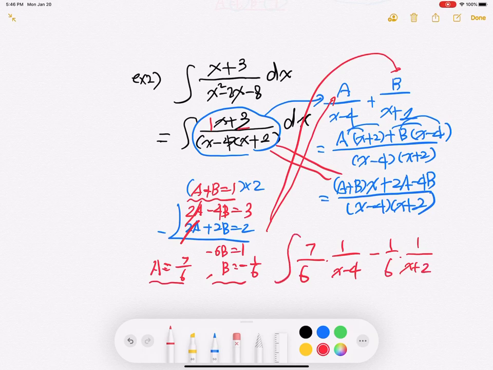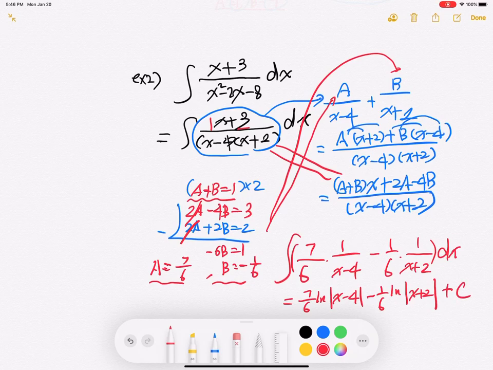Find the integral of this function dx. So step number 6, just the coefficient, and ln absolute value of x minus 4, minus 1 over 6 coefficient, ln absolute value of x plus 2, plus c. This is the final answer.